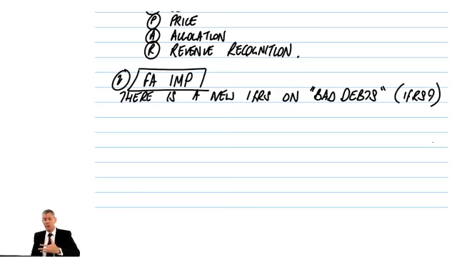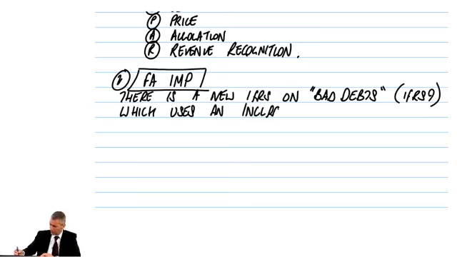With tricky language like, there is a new IFRS on bad debts, which uses an incurred, I'm not sure there's 2 R's, that's terrible, isn't it? I can't even remember how to spell incurred. My spelling is awful. I'm going to guess that there's 1. I am guessing. Incurred loss model.